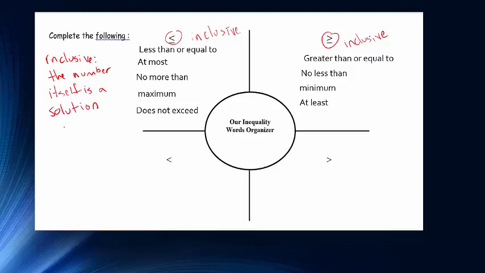So for example, if I say that r is less than or equal to 4, that means 4 is a solution. So anything that's smaller than 4 or 4 itself is a solution. So that's what we call inclusive. If I didn't have the underline, then 4 could not be a solution. It has to be strictly less than 4.